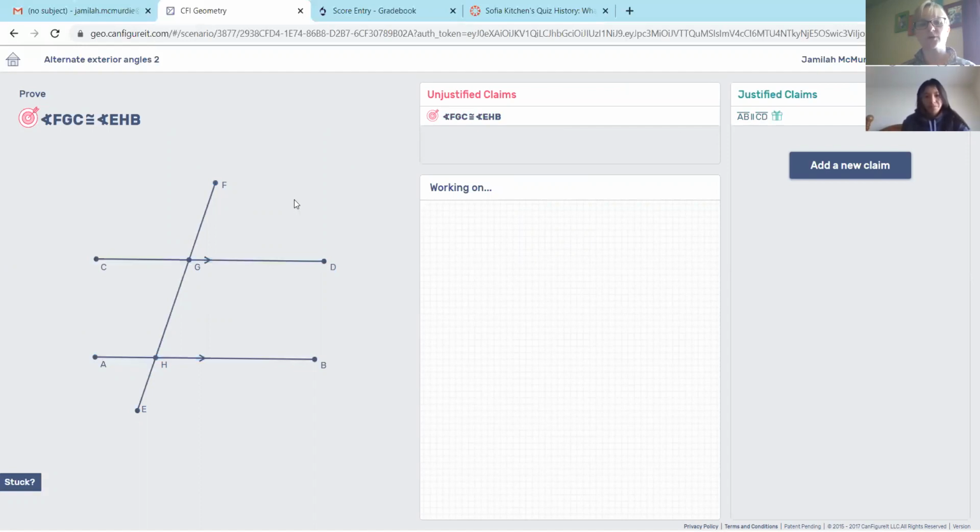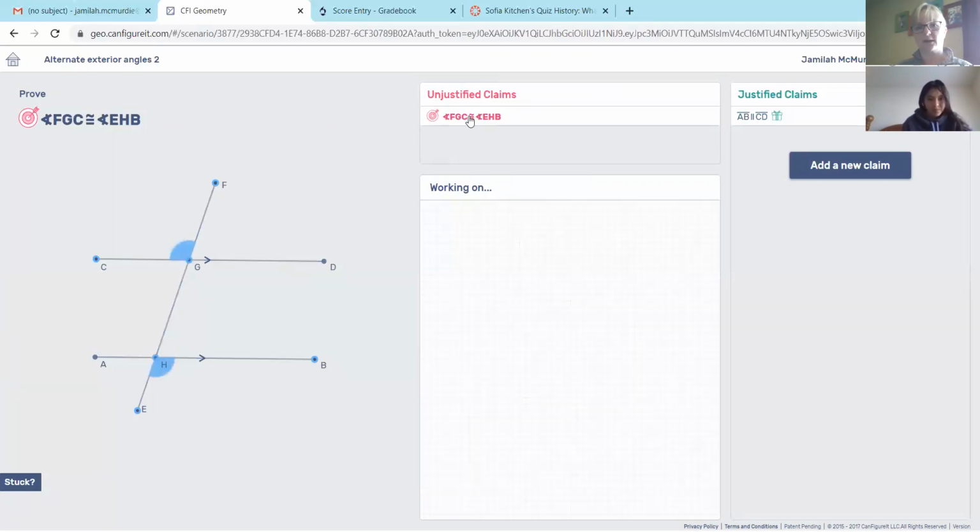If you remember from the worksheets that we did, see how they're on the outside, they're not interior, right? So these are actually alternate exterior angles. There's a theorem that says if the lines are parallel, then the alternate exterior angles have to be congruent.